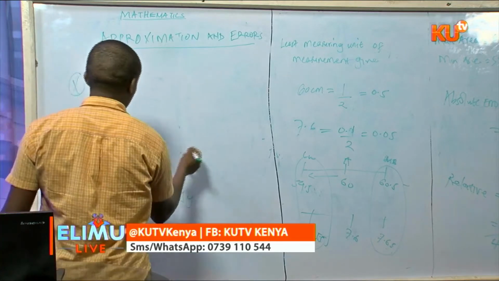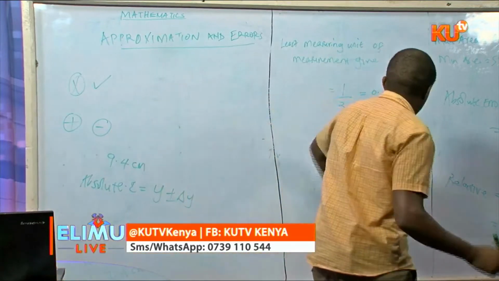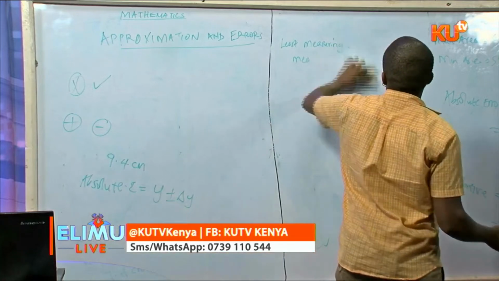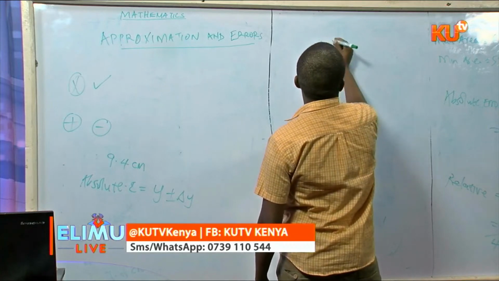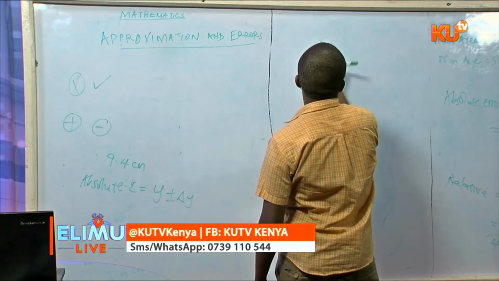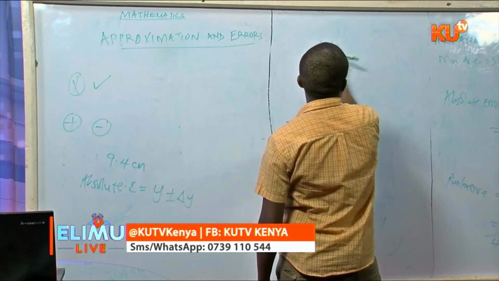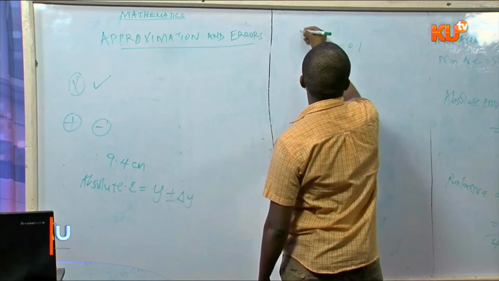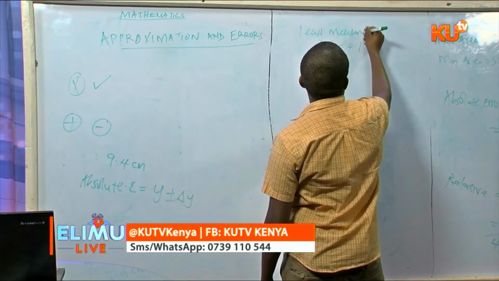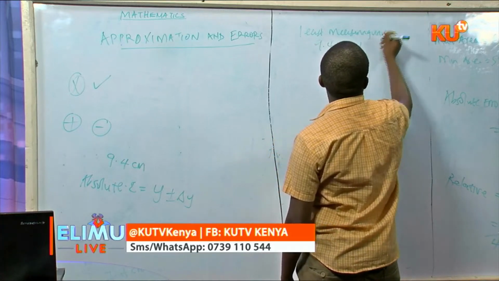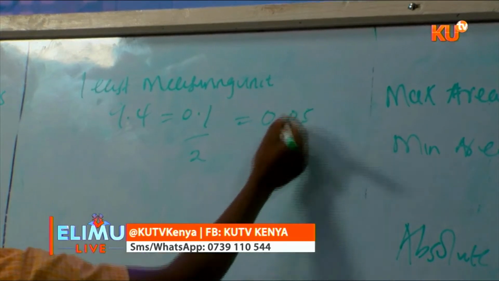The measuring unit we say to be 0.1, divided by 2, going to be 0.05.